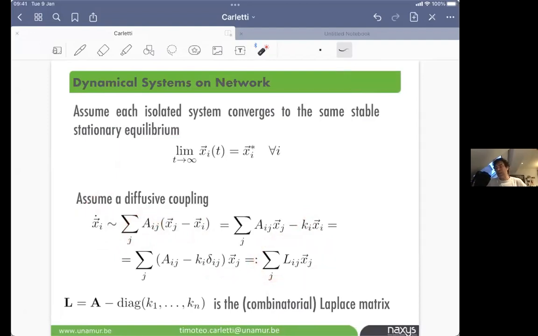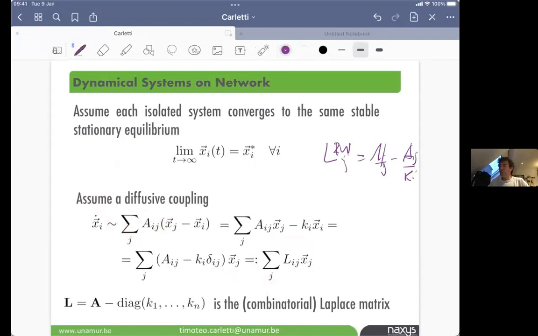It's not exactly the Laplace operator that I showed you before, because the random walk one was identity minus A_ij over k_i.